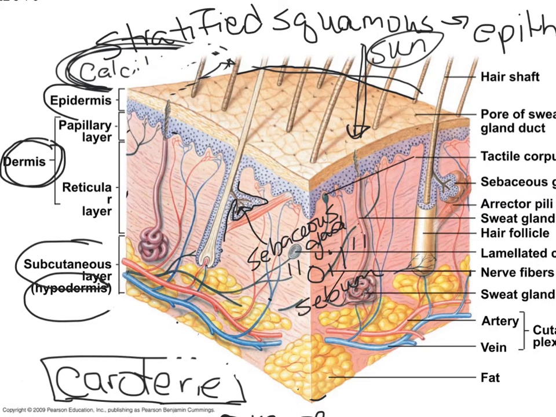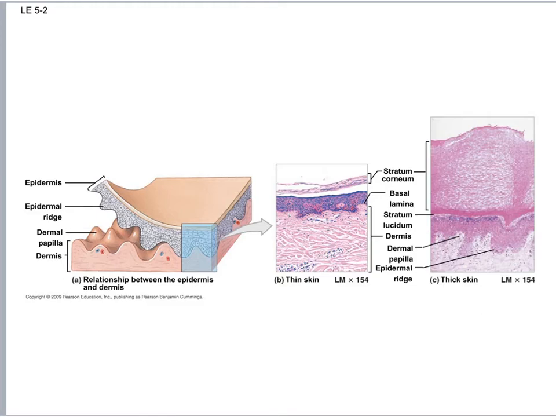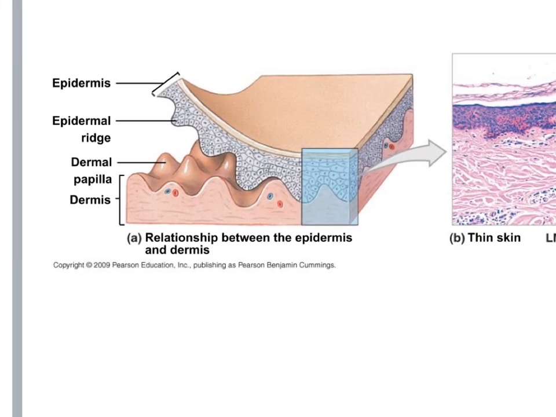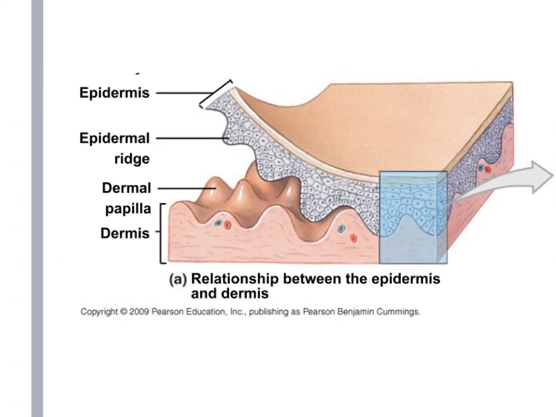Okay? Then the last accessory structure that we want to talk about is called... so again, the epidermis is the top layer here. Right there, so you can see the epidermis, it's right here, and then you can see the dermis below it, which is right here, right? And these cells, if you look at these cells, they even kind of look like they're stratified, so you know they're multiple layers.